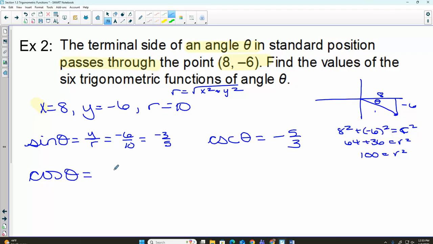Cosine, the definition of cosine, x over r. Or if you think about your triangle, adjacent over hypotenuse. So that's 8 over 10, which is 4/5. Reciprocal of cosine is secant, so that would be 5/4.